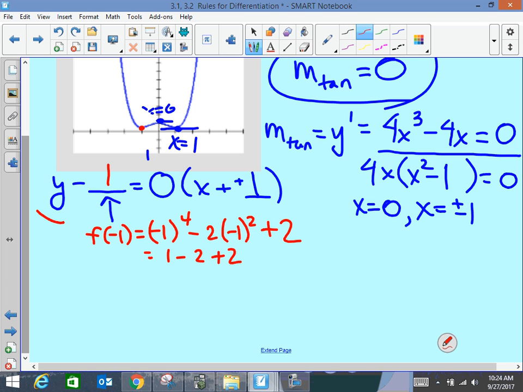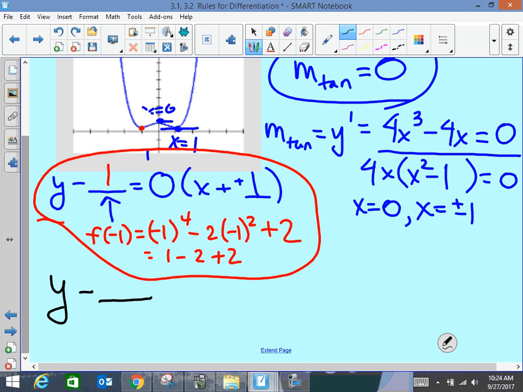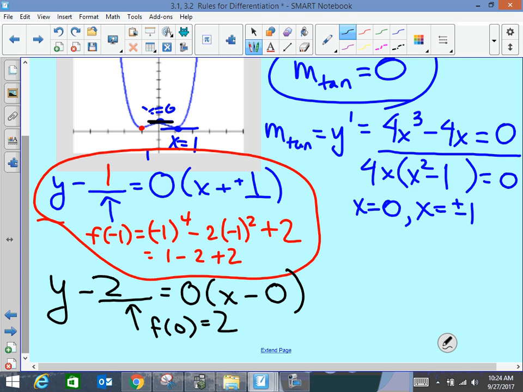So that's one equation. Now let's get a different one. Y minus, let's get the zero slope and the zero line. So this one we're working on now. Okay, what's f of 0? 2. Okay, so that's 2 we have.